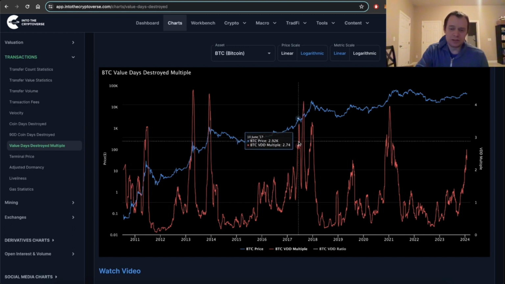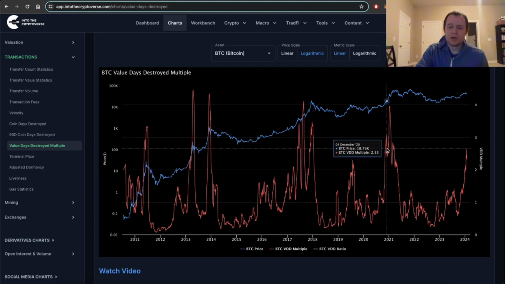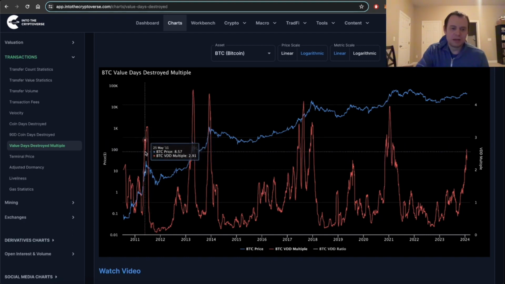In fact, the one in 2017, after it hit this level, went on for another half year. In 2021 or 2020, when it hit this level, it went on for maybe about 4 more months. In 2013, when it hit these levels, it went on for basically just another month or so. Same thing in 2011, when it hit this level, it basically just went on for another month.